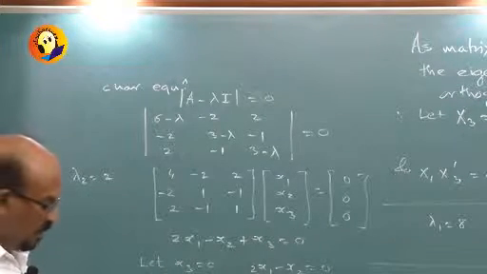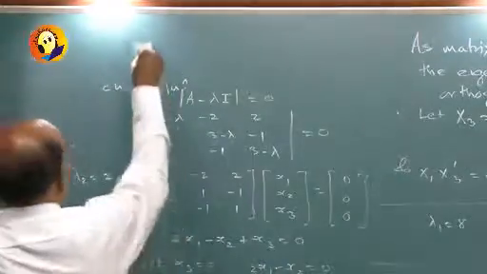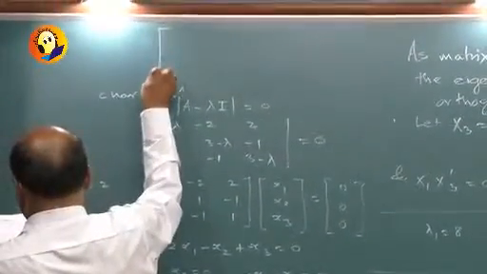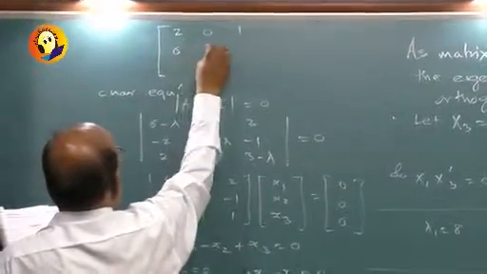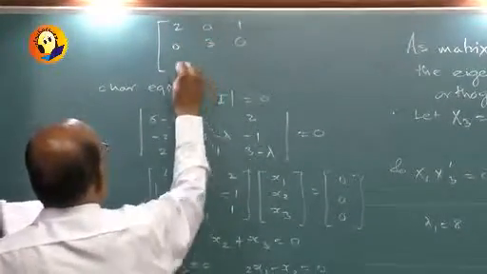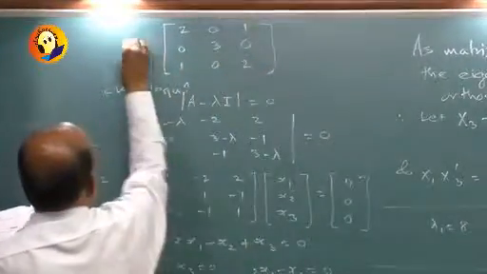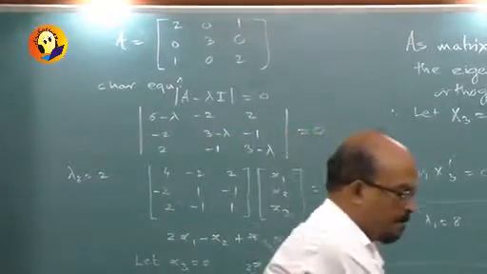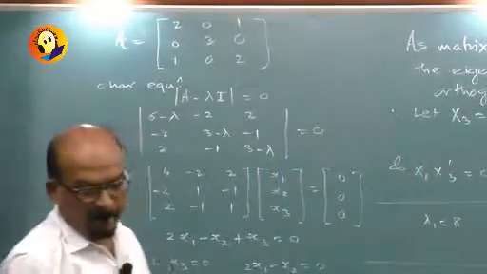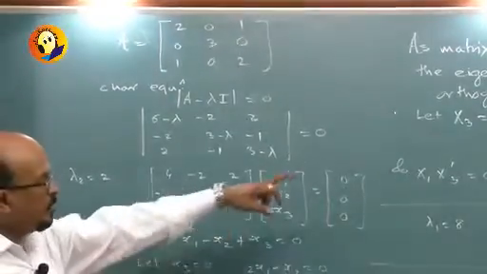Yeah, we'll solve one problem and then shift to hyperbolic functions, and let that problem be a simpler one. 2 0 1, 0 3 0, and it will be 1 0 2. But remember the procedure for it.